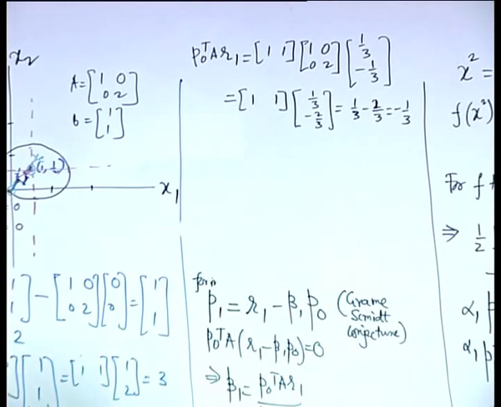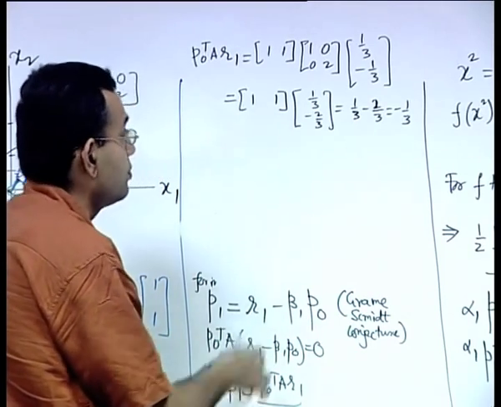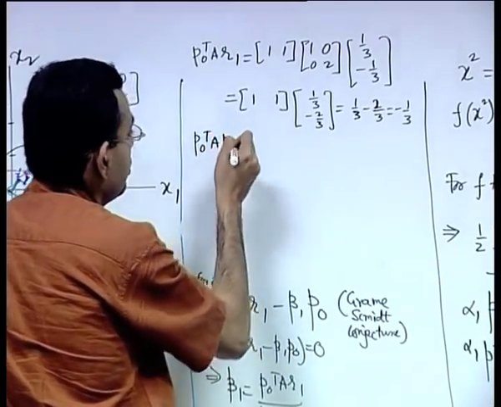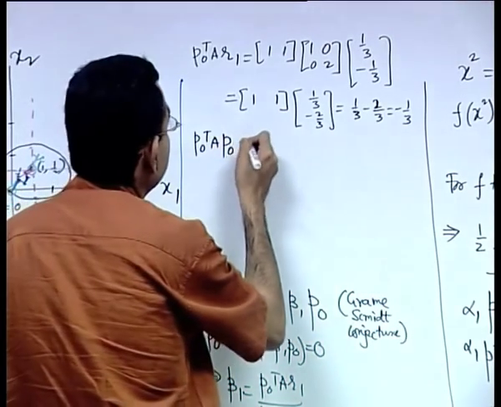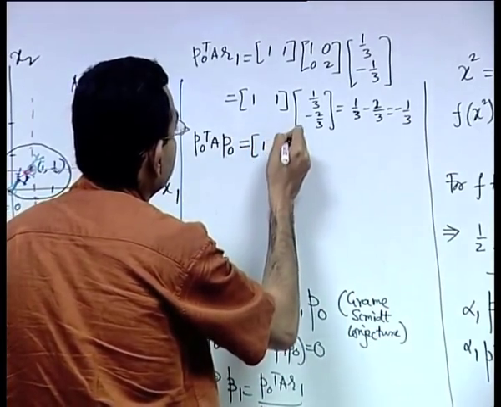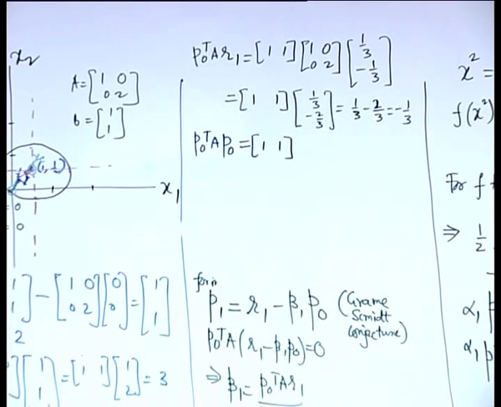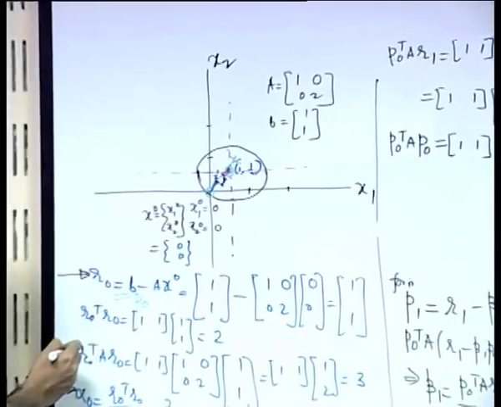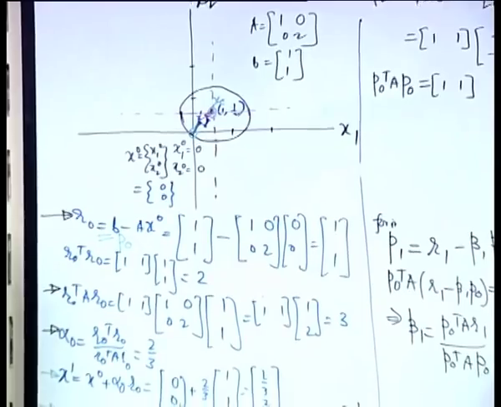Then the denominator in the formula for beta 1 is P0 transpose A P0. We have already calculated it in the steepest descent method, because P0 transpose A P0 is the same as R0 transpose A R0, because P0 and R0 are the same.